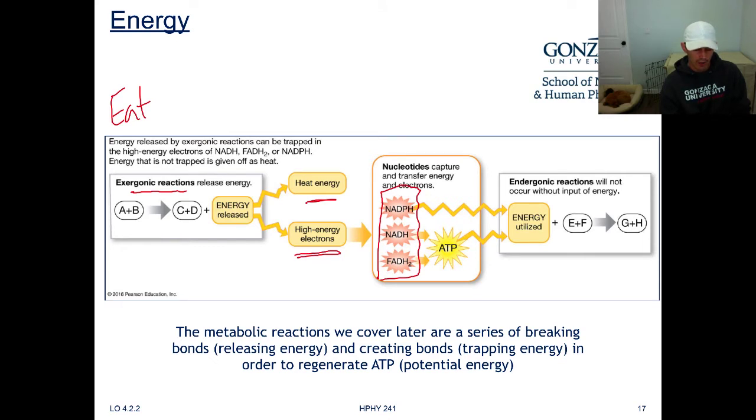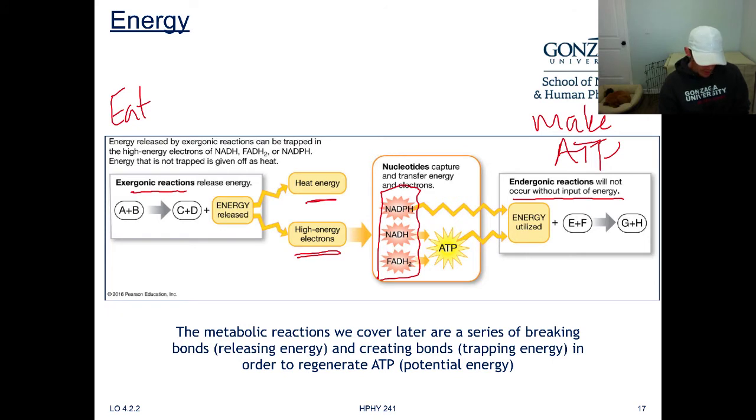And then our cells harness the stored energy from that to perform endergonic reactions that trap energy. In the case of aerobic respiration, the endpoint is to make ATP. So this is the point. We take in food, we start breaking it down, we take the energy that's stored in there, we trap it, and we temporarily store it so that we can make ATP.